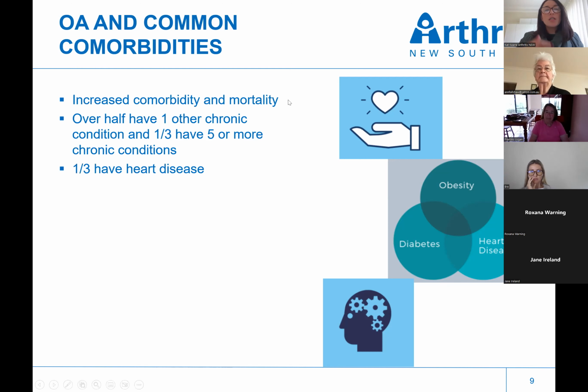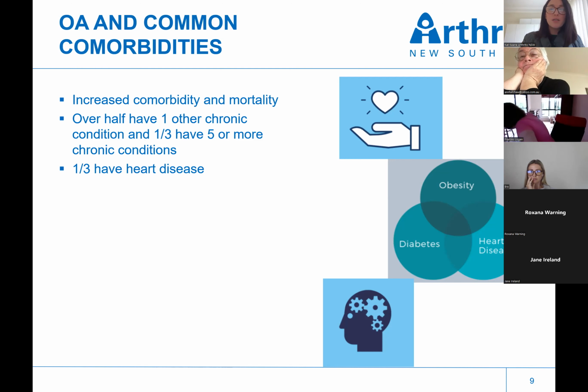So obviously there is an increased comorbidity and mortality rate for those people with osteoarthritis. Over half have one other chronic condition, as we saw. And a third of people with osteoarthritis actually have 5 or more chronic conditions, whether or not directly due to or related to osteoarthritis. There are other chronic conditions as well.